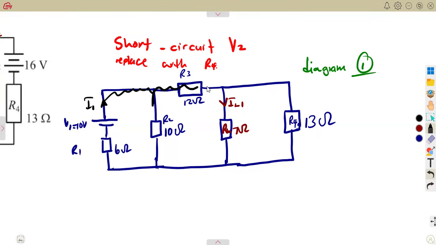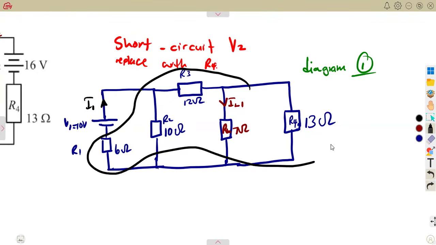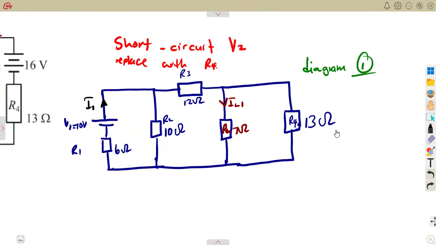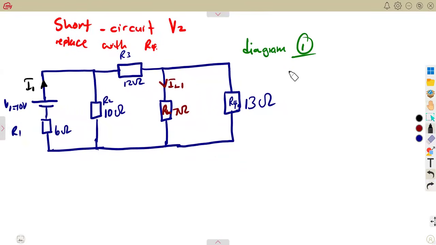I1, like I said, is going to be affected by a number of resistors until we reach this point. So this I1 here is affected by all of the resistors in this network, because I1 is representing the total current. Therefore, it is affected by all the resistors in the network.